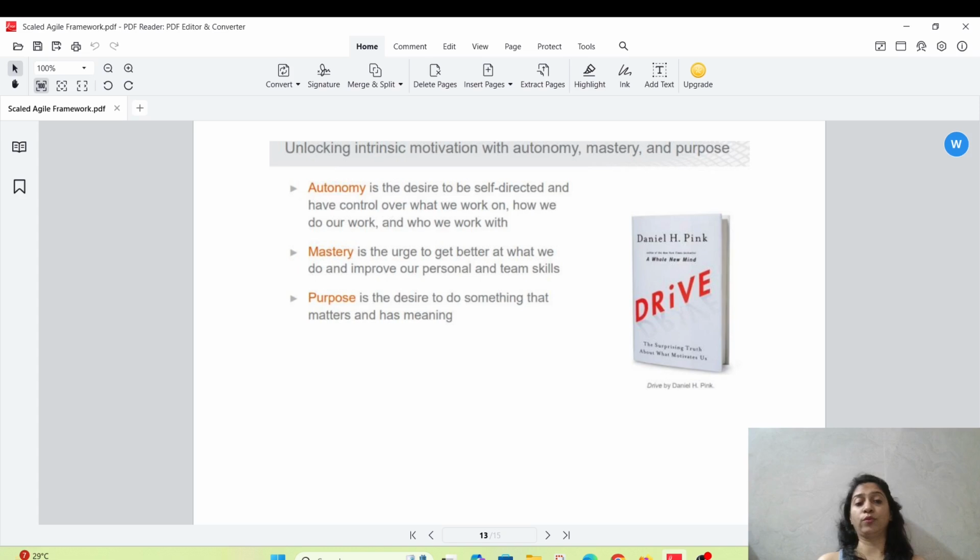This is autonomy. What is mastery? It is the urge to get better at what we do and improve our personal and team skills as well. This is mastery. What is purpose? Purpose is the desire to do something that matters and has meaning.